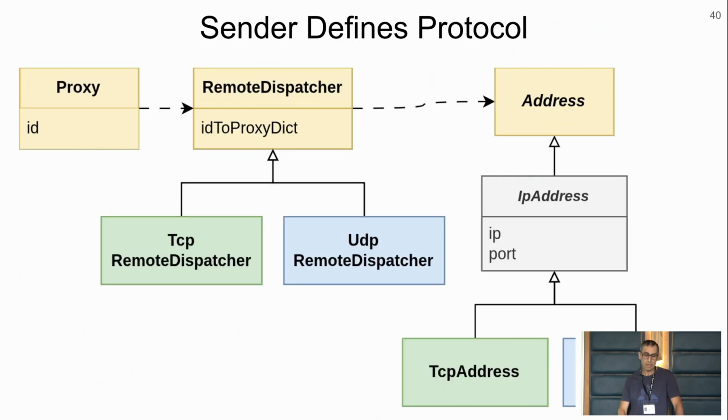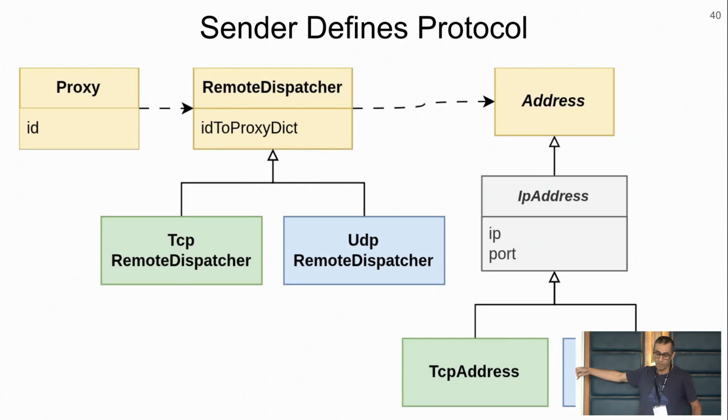So I tried to make the class diagram. The colors are faded, but hopefully you can read it. The proxy knows the dispatcher, actually called the remote dispatcher, which is an abstract class, and we can have variations depending on the protocol.